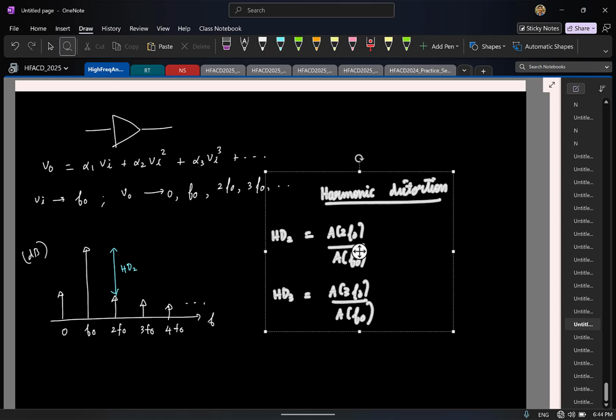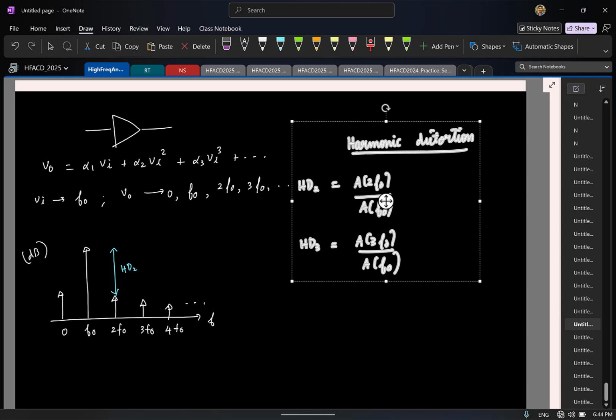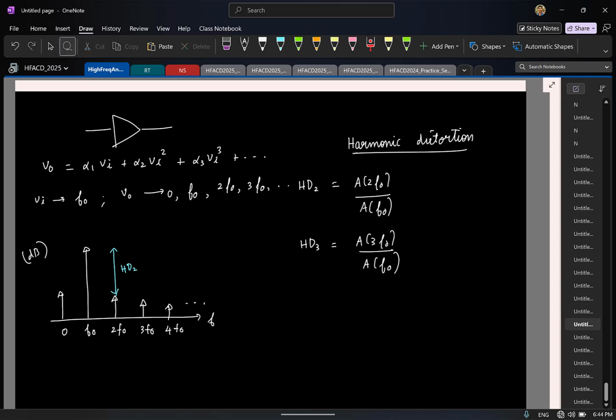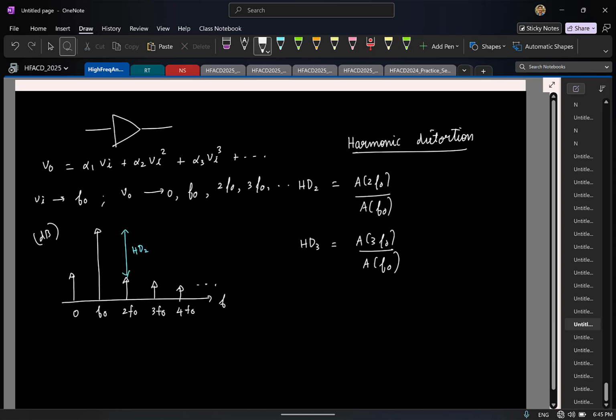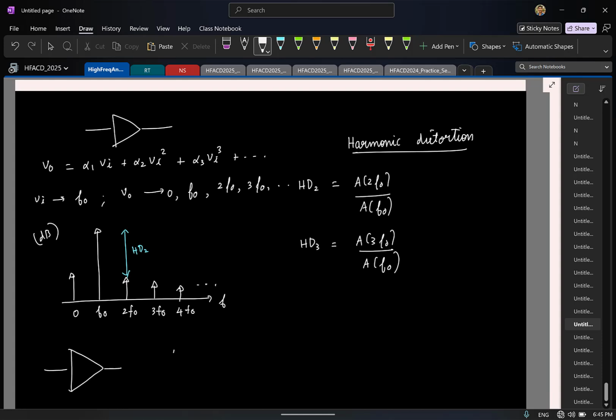It's nothing major there, but there is something that we should have in mind while dealing with linearity metrics. So let us say I have two op amps again. So let us say the first op amp has a second harmonic distortion of, say, minus 60 dB.